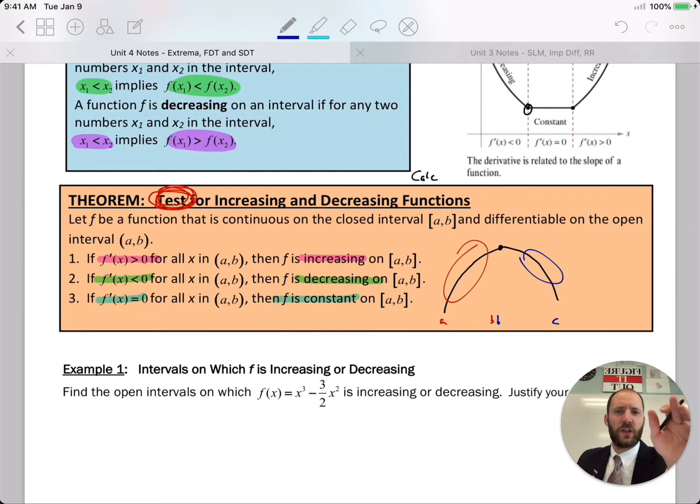So this is one of those gray areas in the College Board grading system where the test says increasing, decreasing, constant on the closed interval, but they'll accept open intervals. And I always default to the open interval unless something in the problem tells me to report the closed. Okay, so usually I do an open interval, but the wording might lead me to do a closed, okay?